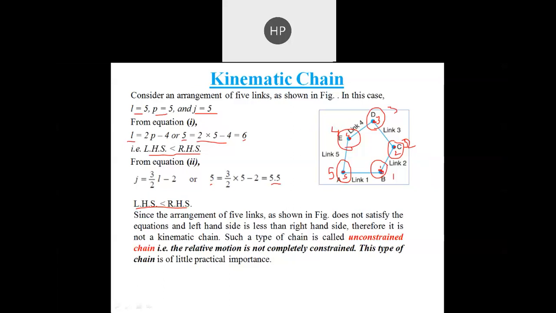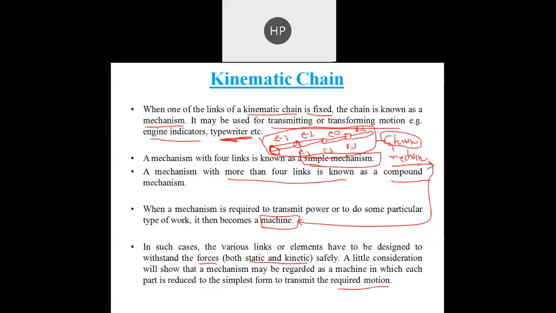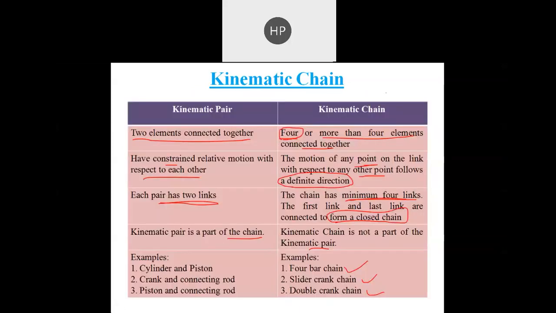Since the arrangement of 5 links as shown in the figure does not satisfy the equations and the left hand side is less than the right hand side, therefore it is not a kinematic chain. Again, as we know, there will be a minimum of 4 links. But it has to have a definite motion, and only then will it be termed a kinematic chain.